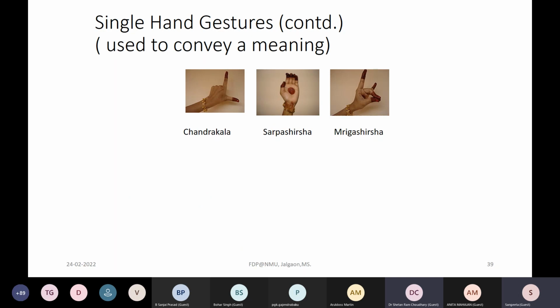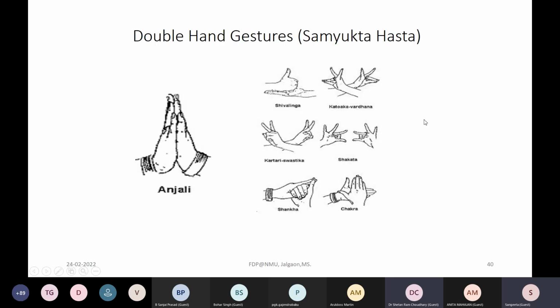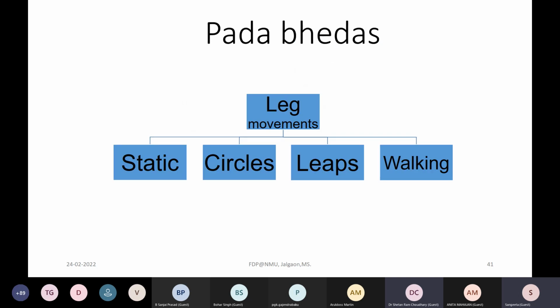Some of them are used for conveying a meaning. For example, Chandrakala is half moon. Sarpa Shirsha is the hood of a snake, or a deer. So these things are not chosen. Double hand gestures could be easily coded with single hand movements. So these were not taken.